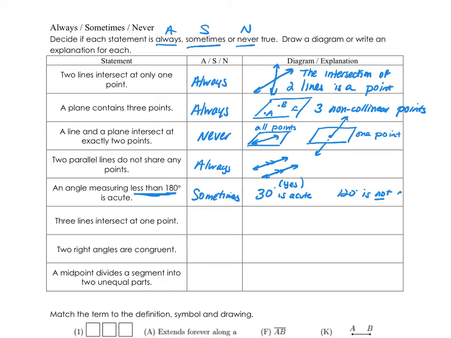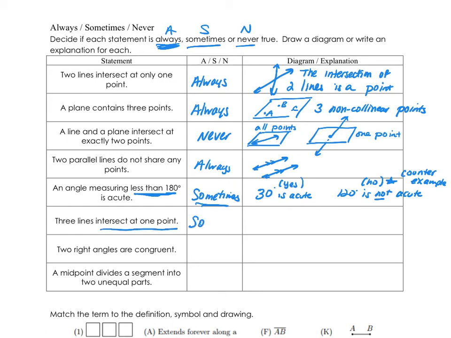And 120 is not acute, so this would be a no. So because we found a counterexample, that's what this is, a counterexample. In other words, it's a case where the statement is false, and that takes the statement from always and knocks it down to sometimes.